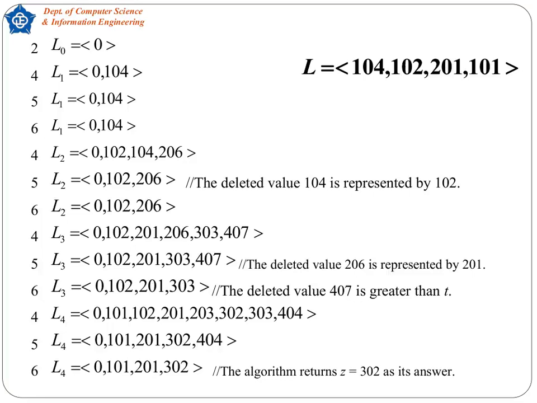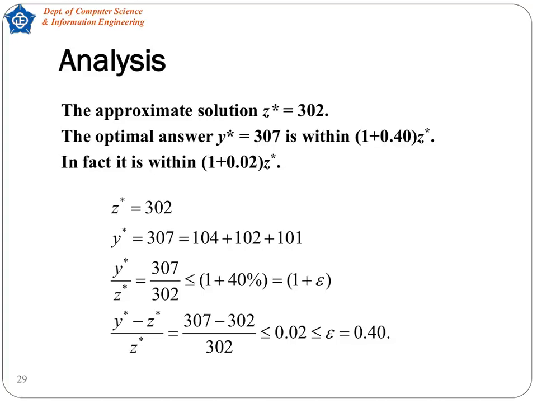Now that we've arrived at our approximate solution z* equals 302, let's see how it measures up against the true optimum. The actual optimal value, y*, is 307. That's 104 plus 102 plus 101. Forming the ratio y*/z* gives 307/302, which sits comfortably within our guaranteed bound of 1 plus epsilon equals 1.4.